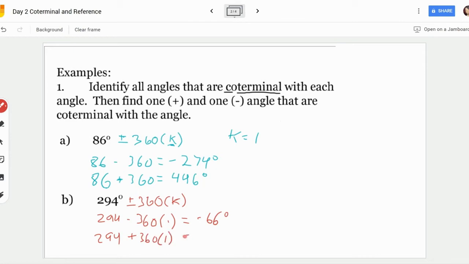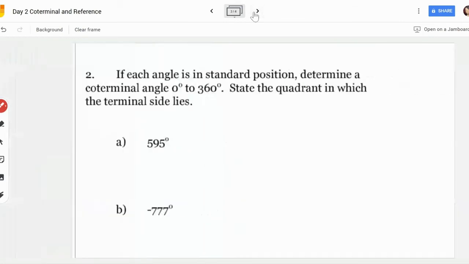And again, I'm just using 1 because that's all we really need. Gives you a much larger angle, but it's okay. 654 degrees.